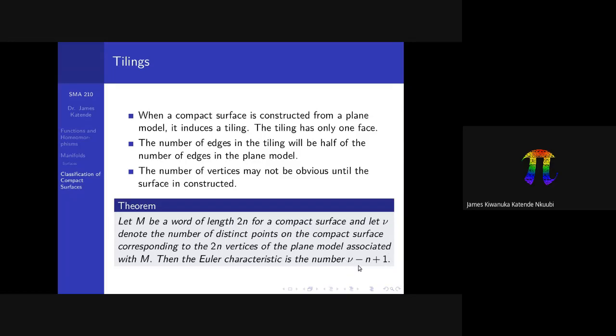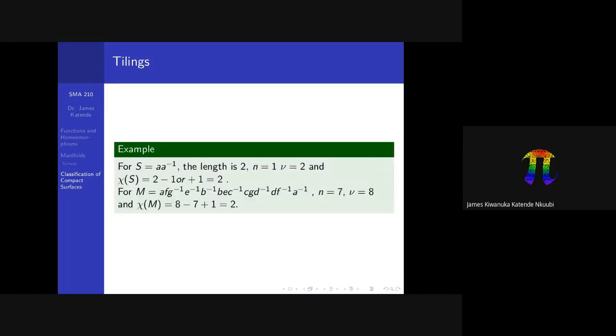This is still V minus E plus F, but we already know what E is. E is equal to n, and F, the number of faces, is 1. What we don't know beforehand is the number of vertices. That has to be figured out after you have completed the construction of the compact surface from the plane model. We'll see that shortly.